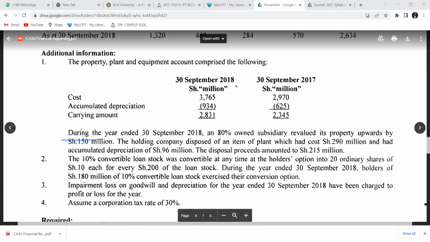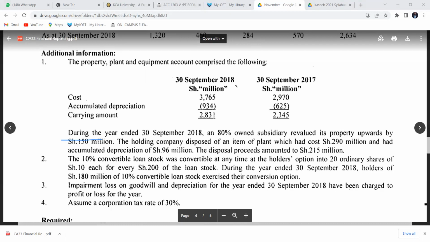So then checking on the next information here, during the year ended 30th September 2018, an 80% owned subsidiary revalued its property. That one doesn't have any issue because you know that is revaluation of 150. The holding company disposed of an item of land which had costs 290 and had accumulated depreciation of 96.